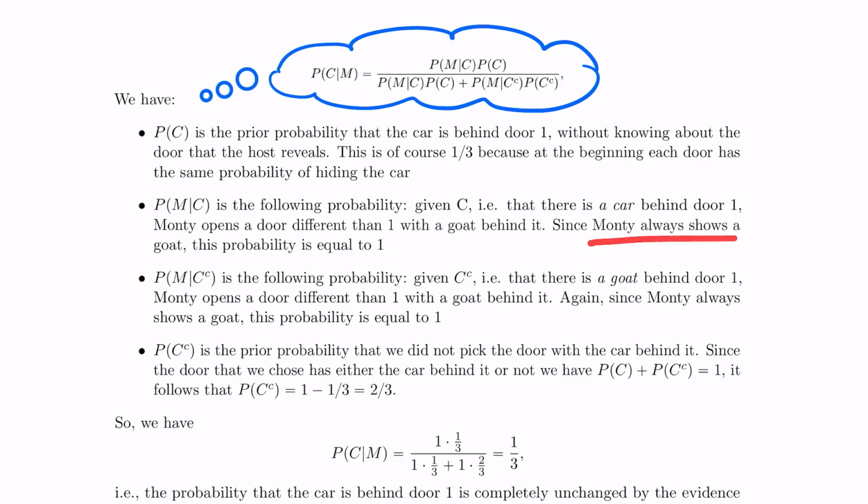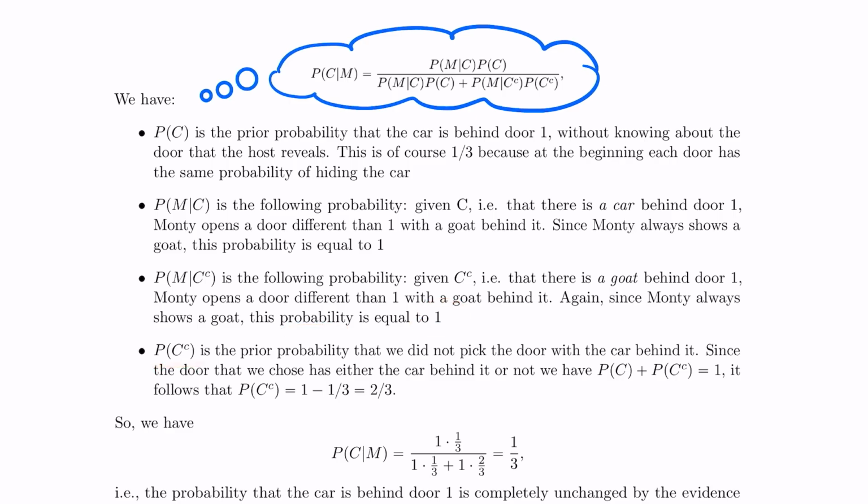However, Monty always shows a goat, so this probability is 1. The meaning of this probability is the following. Given C complementary, there is a goat behind door 1, Monty opens a door different than 1, showing a goat. But again, Monty always shows a goat, hence, also in this case, the probability is 1.